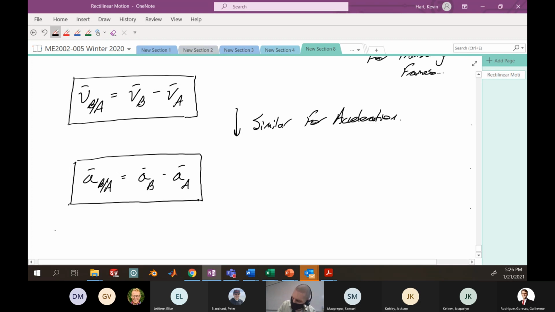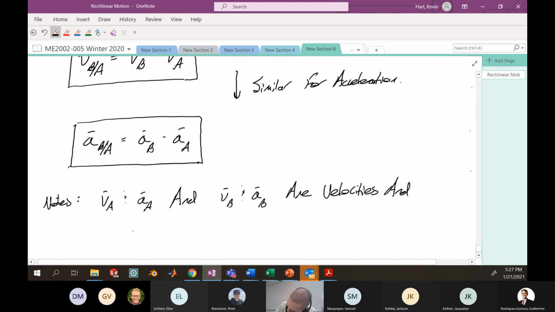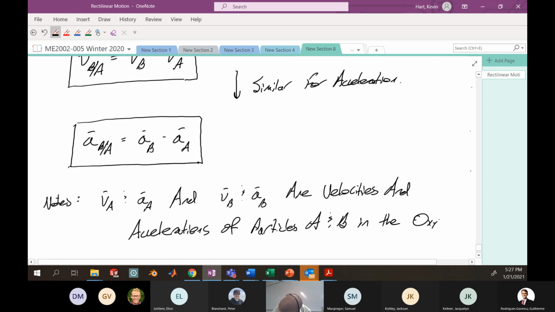So let's make some notes here. VA and AA and VB and AB are velocities and accelerations of particles A and B in the O, X, Y, Z frame.